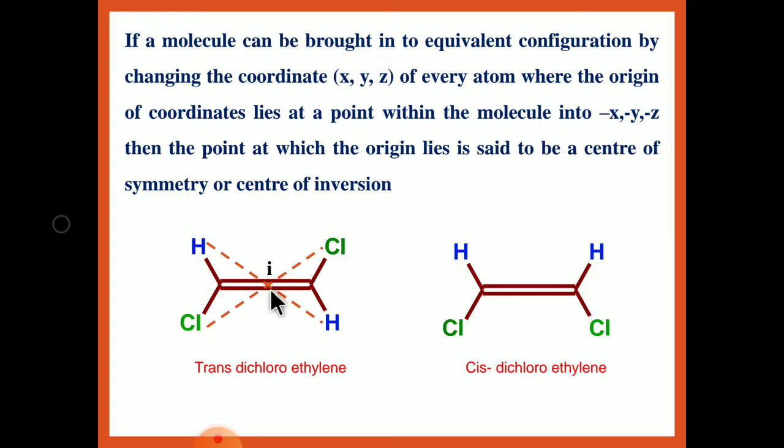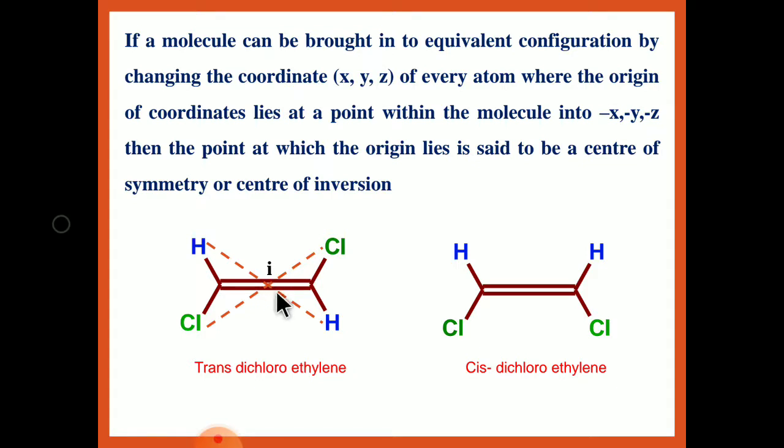So therefore we can conclude that this whole molecule possesses the center of inversion, that is i. So this is the center of inversion. This point is known as i. i is the symbol of the center of inversion.